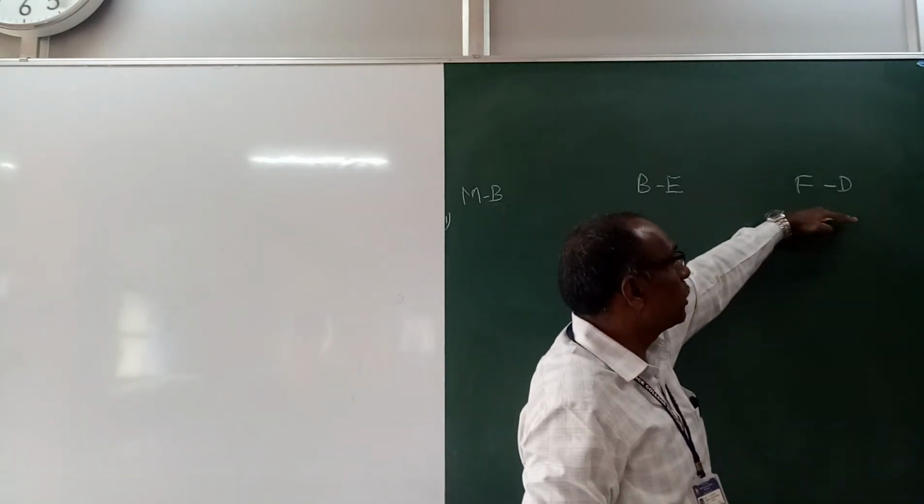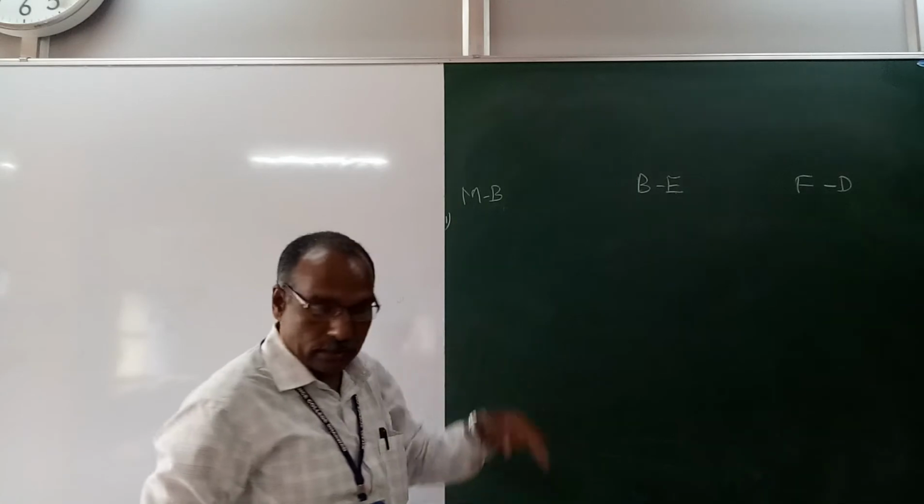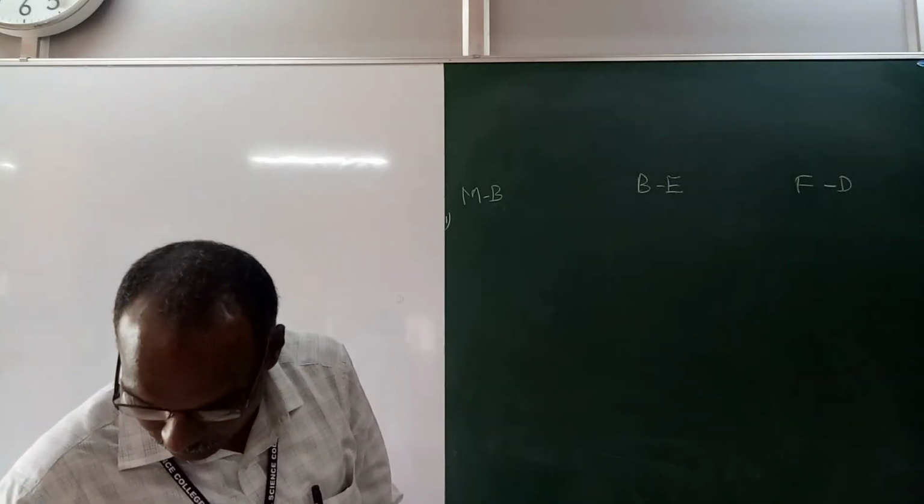These particles are called fermions, these are called bosons, and the classical particle here.